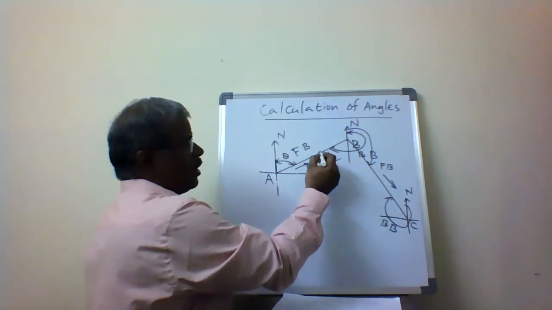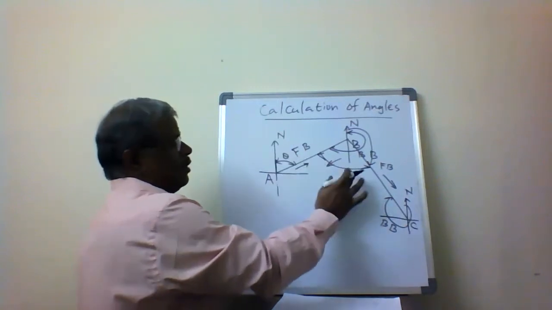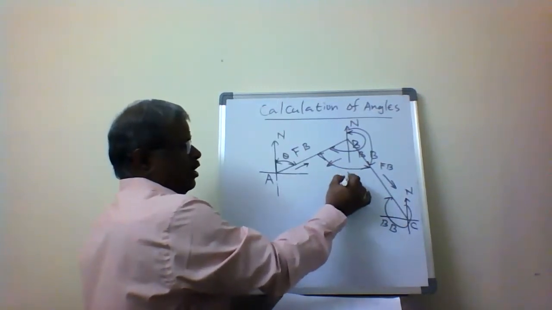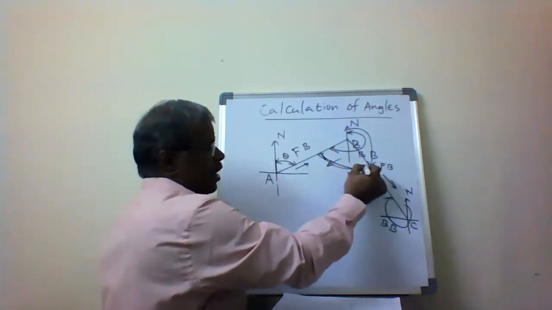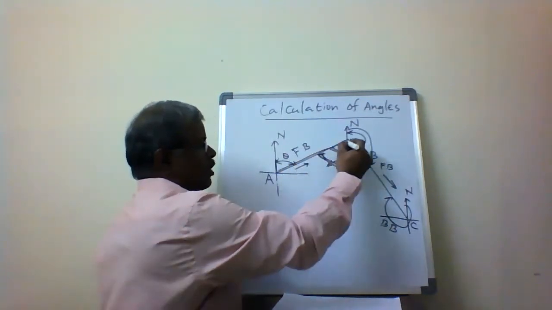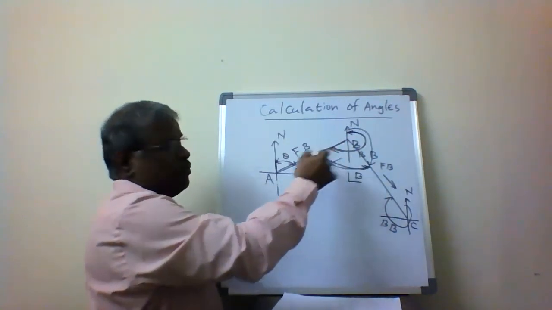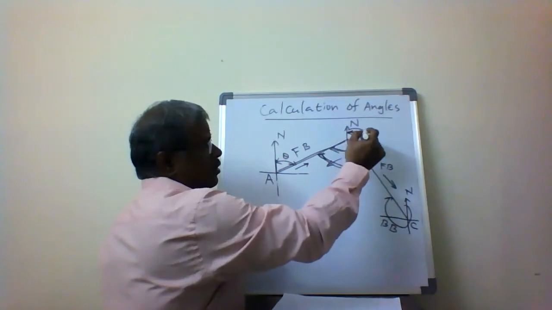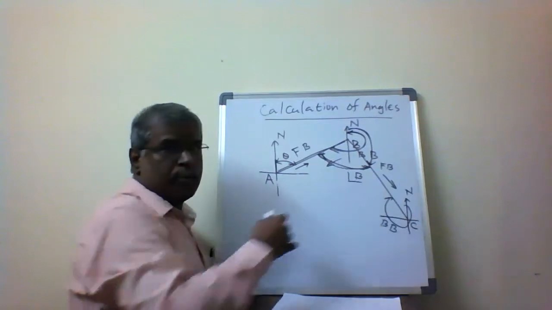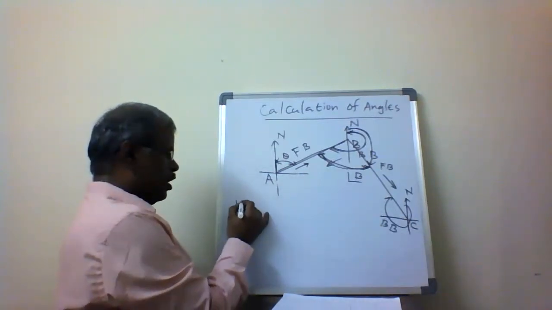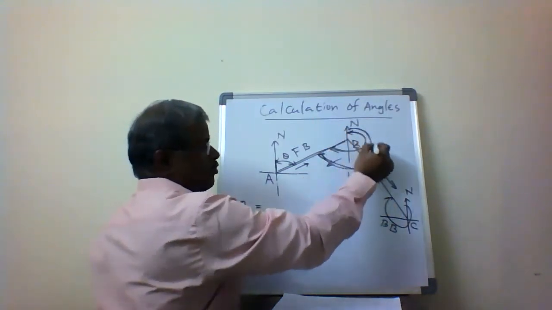Now I want to calculate this angle, known as theta or angle B. I want to calculate angle B from the backward bearing of the line AB and the forward bearing of the line BC.